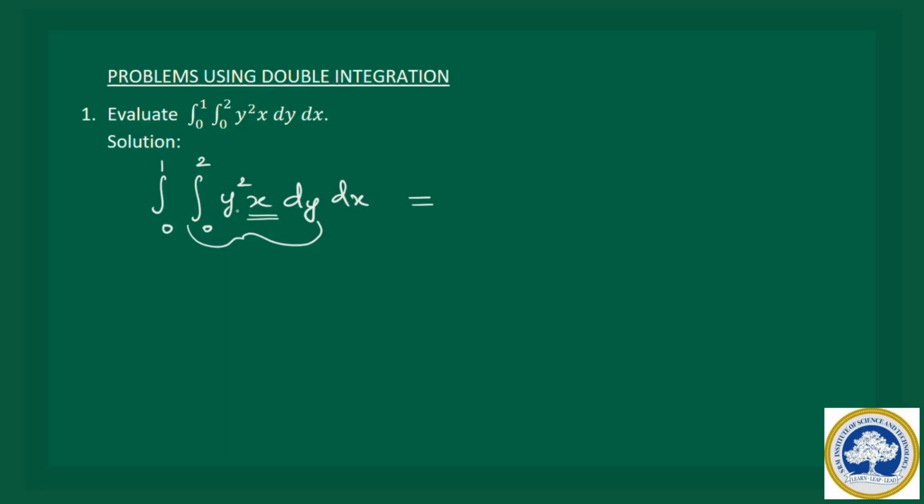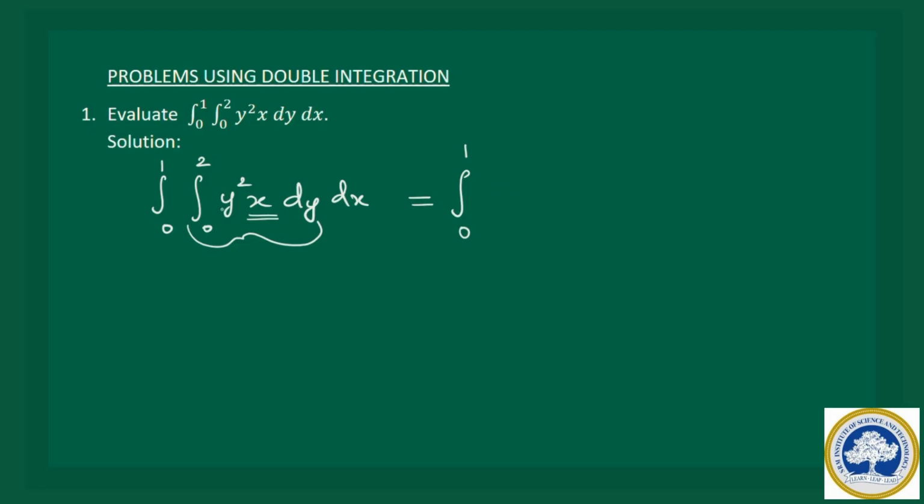So we integrate only y square. What is the integration of y square? y cube by 3. We do nothing with the first integral 0 to 1, so we write it as it is. Now we integrate only the inner one.